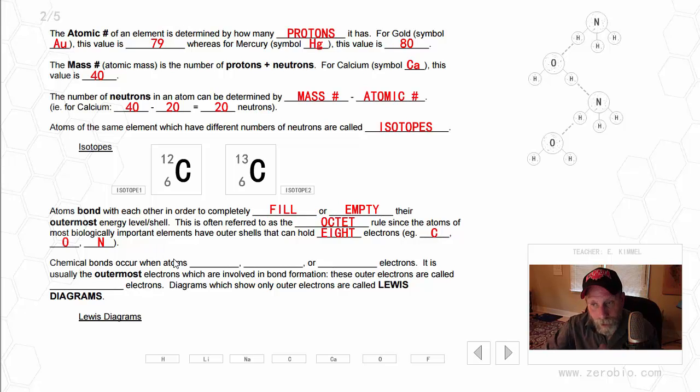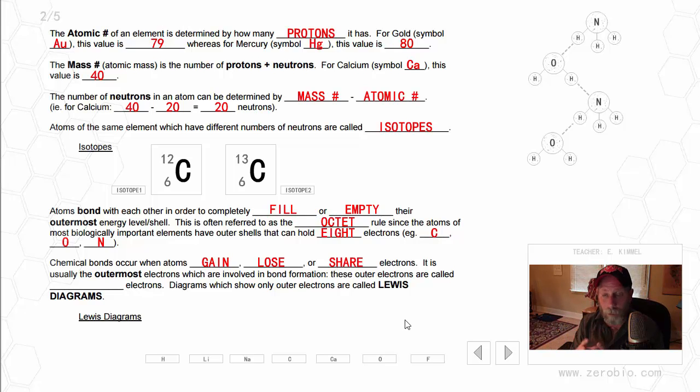Okay, in order to fill or empty those shells with electrons, atoms will involve themselves with chemical bonds. Unless you're talking about the noble gases, helium and neon and stuff, they already have their full shells. They are stable. They don't react because the electrons don't need to go anywhere. Chemical bonds occur when atoms gain, lose, or share electrons.